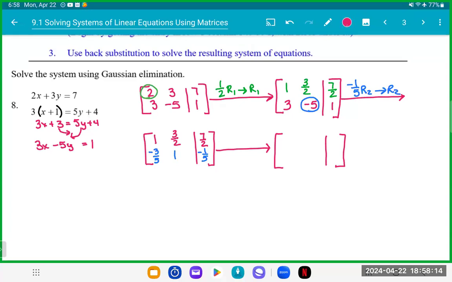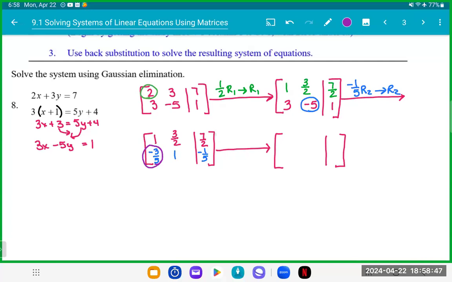Okay. So for this next step, we want to get this right here to be our 0. So how can we do that, right? Usually the easiest way is to do the opposite sign of this times the 1 and then add them together, right?